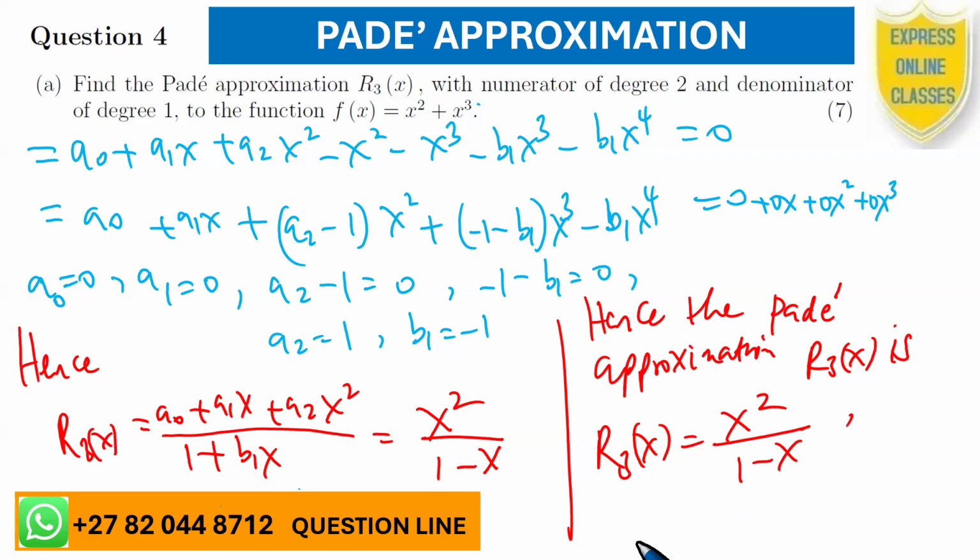And we have got the answer, and we have got the Padé approximation, and we're excited because we have got the answer. Then we are ready to move forward to the next question, because we are just practicing here.